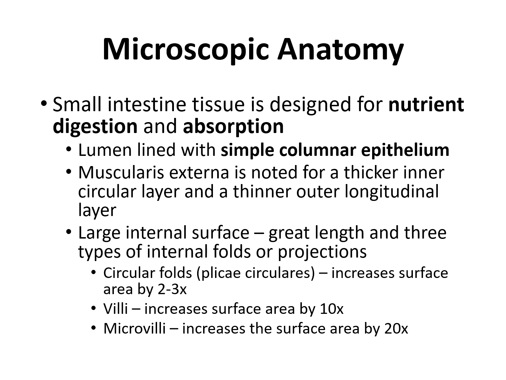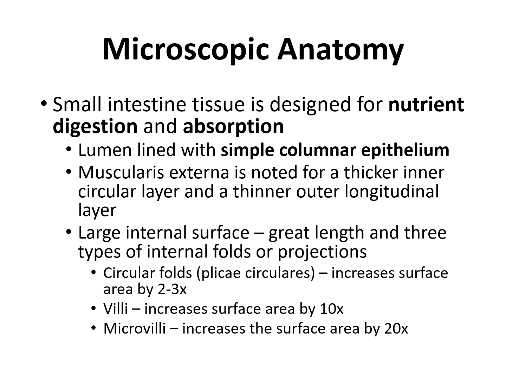The circular folds are going to begin in the duodenum, but in the jejunum, they're especially large, tall, and they're going to be very closely spaced. And then they're going to become smaller and more sparse in the ileum.